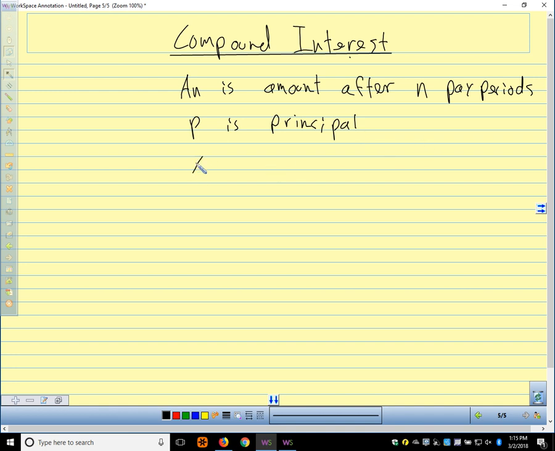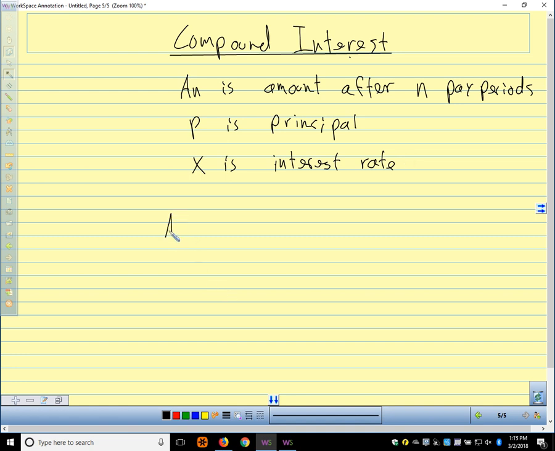And X is the interest rate. Usually our interest rate is going to be something % per year. So what we're going to do is develop a formula for compound interest, and we're going to use the process that we did in Chapter 8 when we talked about sequences and series.